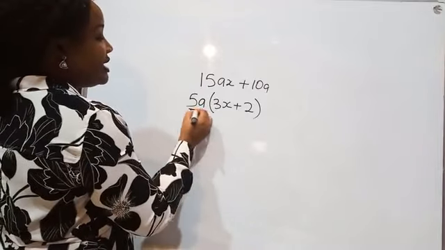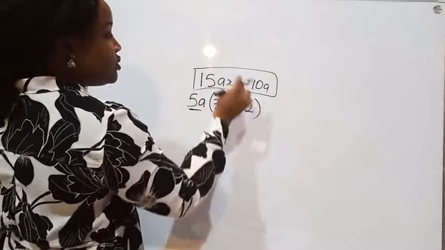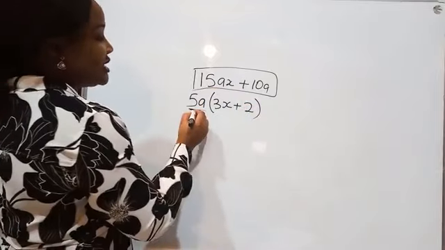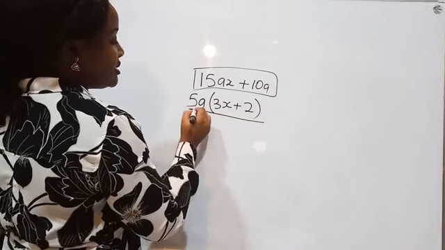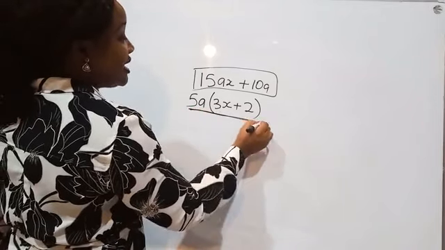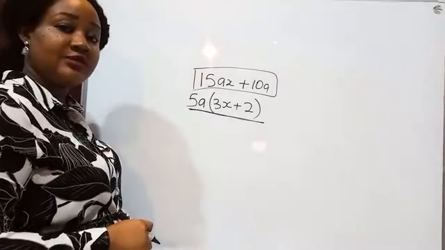So 5a is a factor of this term, and 3x plus 2 is also a factor. So this is a product of factors of the original expression.